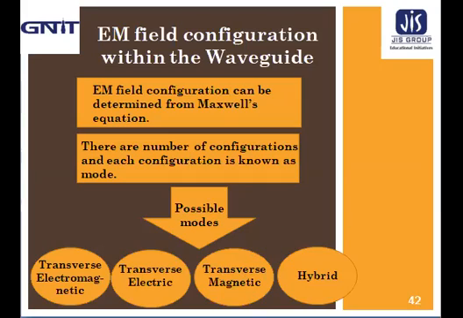Next is the hybrid group. Here, neither the electric nor the magnetic field is clearly transverse to the direction of propagation. That means Ez not equal to 0 and Hz not equal to 0.